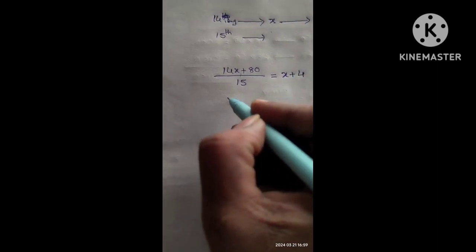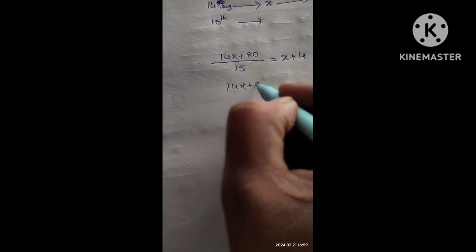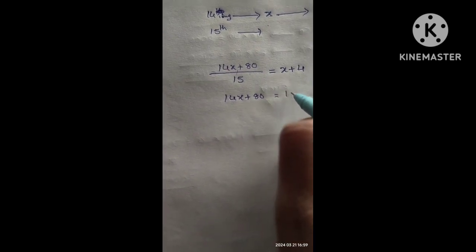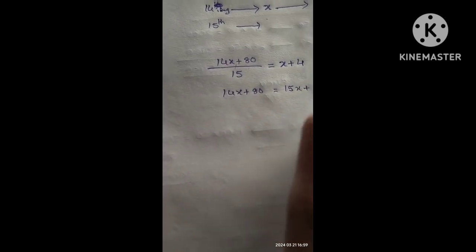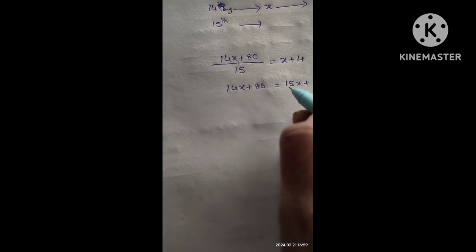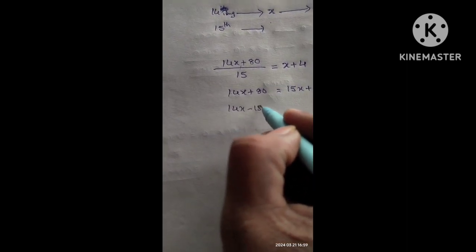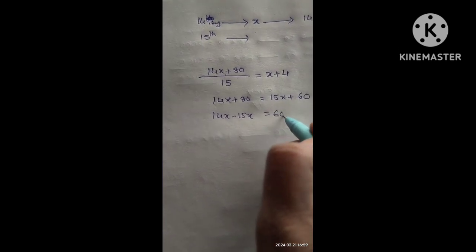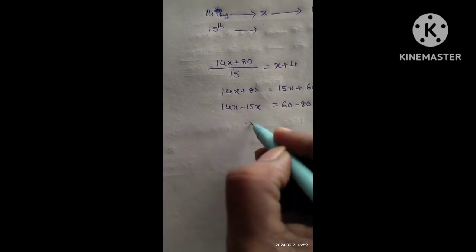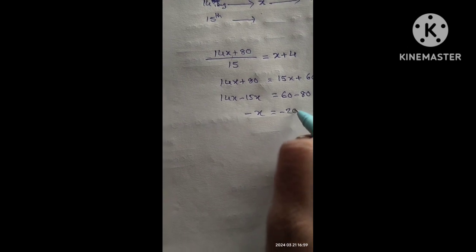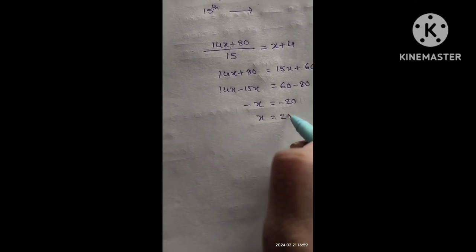Now simplifying it, we will get 14x plus 80 is equal to 15x plus 60. Next, transposing it, 14x minus 15x is equal to 60 minus 80. Minus x equal to minus 20, x equal to 20.